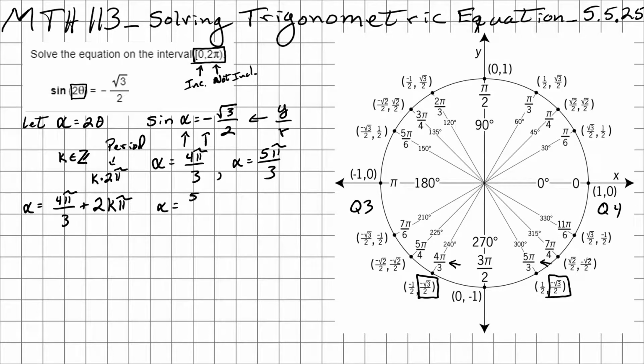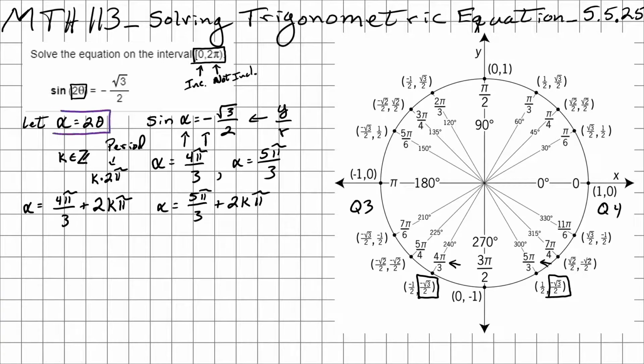That's what the Z stands for. We also want to write alpha is equal to 5 pi over 3 plus 2k pi. What we're doing is using this form so that we can encompass all values of alpha no matter how many revolutions we go around the unit circle, whether in a positive direction or a negative direction.